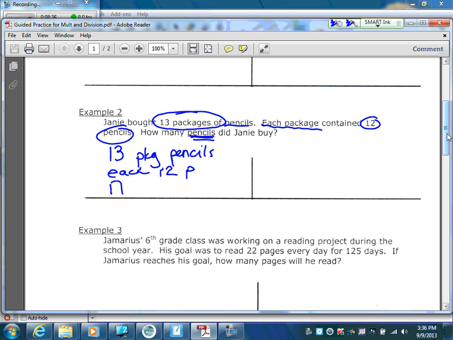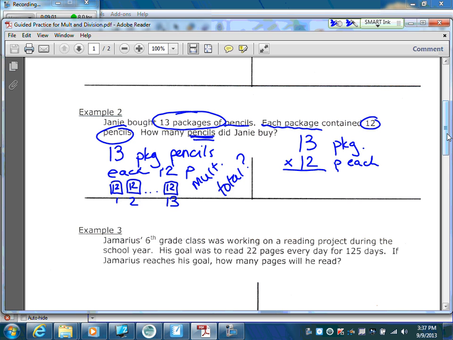So again, 13 packages. Got 1 package, 2 packages, skip a few, 13. Each of these have 12. So I know that this is multiplication because I'm looking for a total. So I have 13 packages of pencils. There are 12 pencils in each.